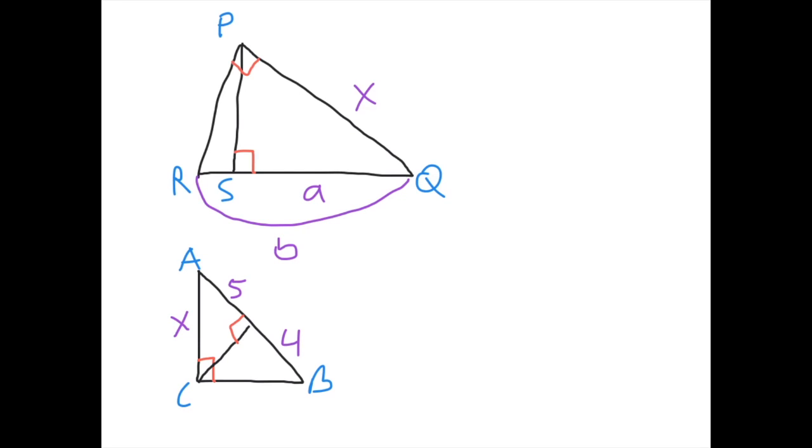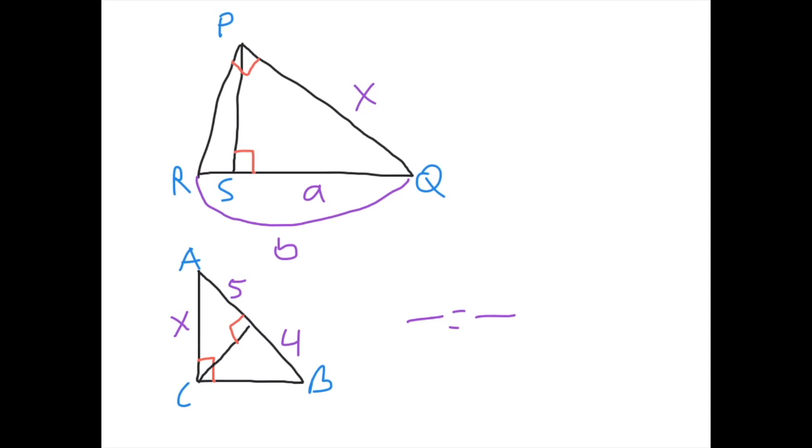So in this case, we want to find the leg AC, and we're given the 2 parts of the hypotenuse, 5 and 4. So first, you have to set up the proportion.